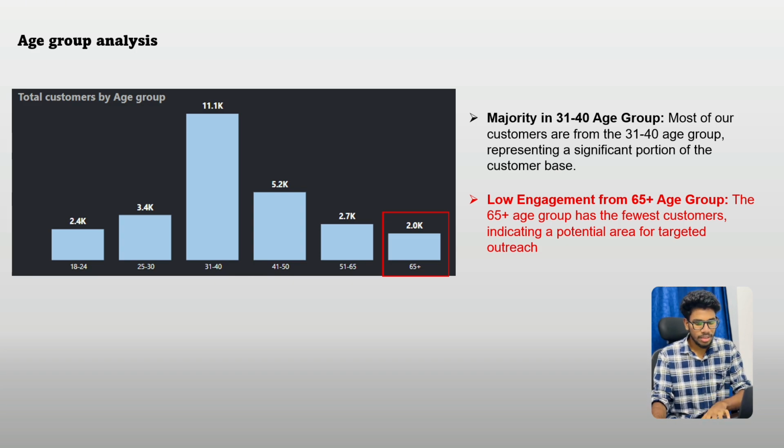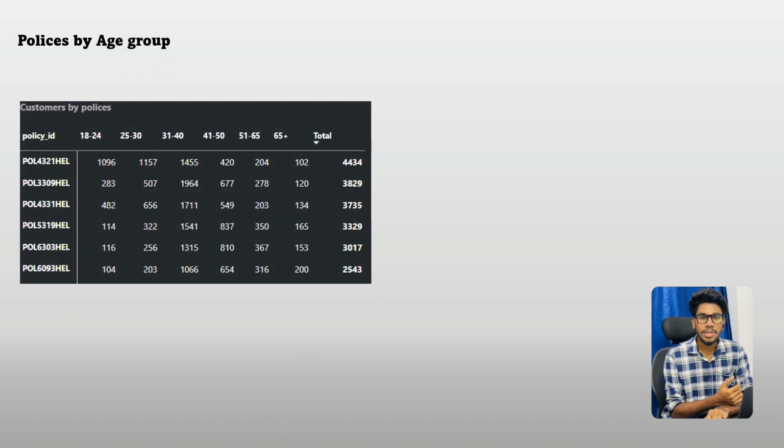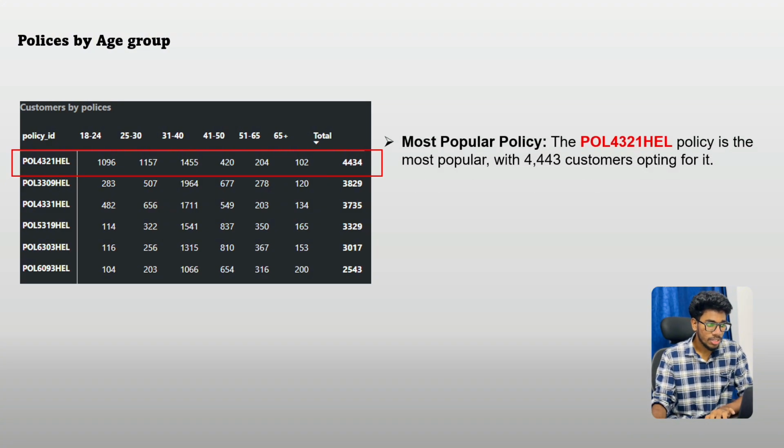And let's see the different policies here, and which one is the most popular policy taken by the customers. The policy L4321HEL is the most popular policy, and most of the customers are adopting it. Around 4,443 customers are taking it, representing a large customer segment among all policies.